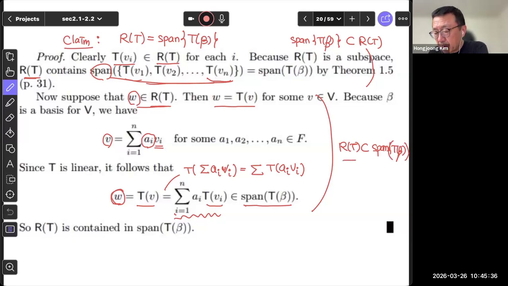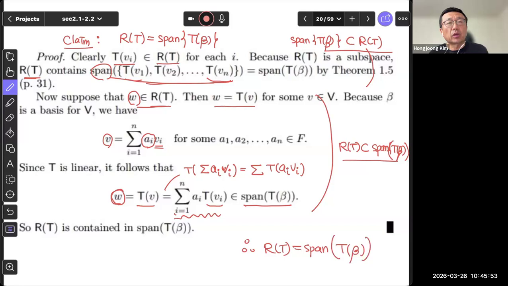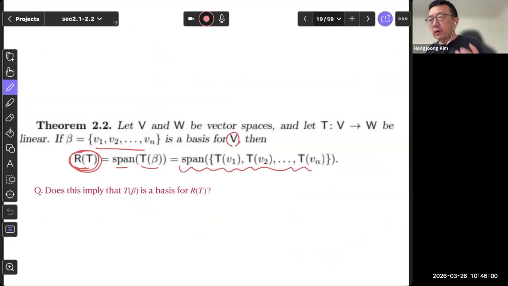So we considered this one and this one up here. So when I combine these two, the conclusion is that the range and the span of T of beta are equal. Right? So this theorem means T of beta will generate any vector in the range.